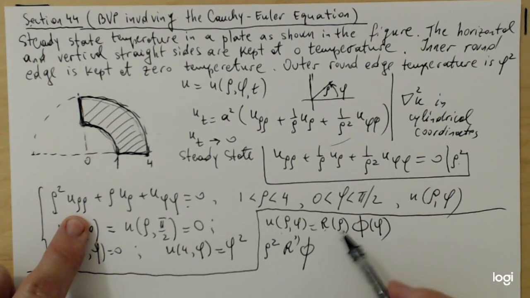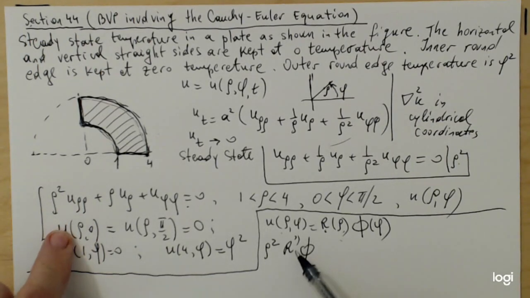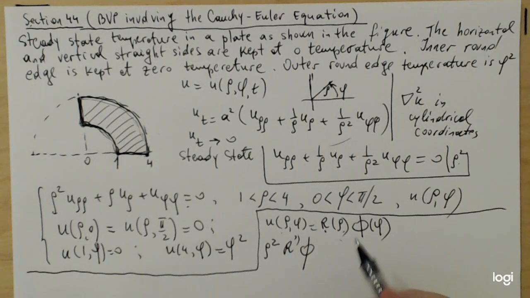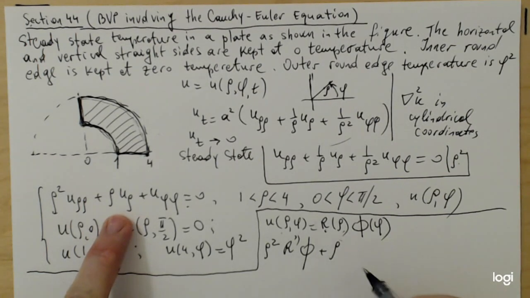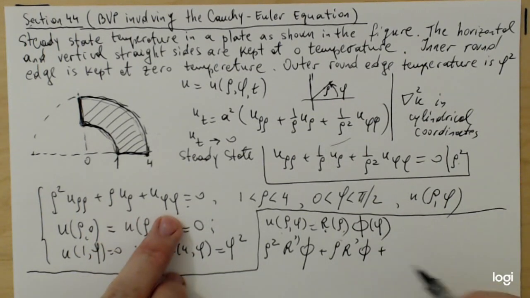I mean, we already understand that big R is a function of rho, big phi is a function of little phi, and we can use the prime notation because these are single variable functions. So the middle guy here is going to be rho R prime times phi, and then plus partial phi twice, that's going to be R phi double prime equals 0.